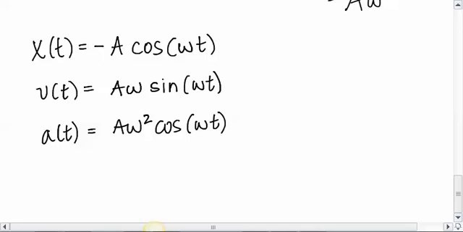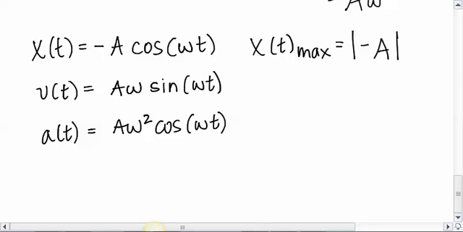Correct? So then that means that x max, well, if cosine, the biggest it can be, is 1, then it would be equal to the amplitude. And that should make sense if you look at the graph. The maximum x displacement should be the amplitude.